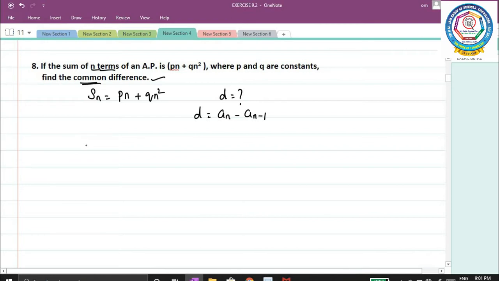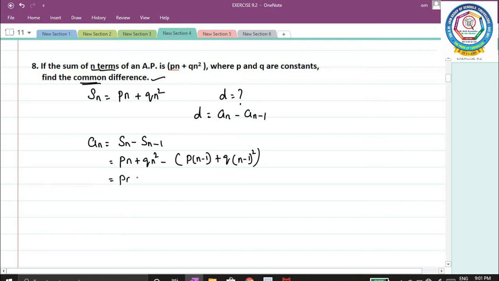So how can you find a_n? a_n equal to Sn minus S_(n minus 1). So Sn is given, Pn plus Qn square, minus of, here, n minus 1. So P of n minus 1 plus Q of n minus 1 the whole square.